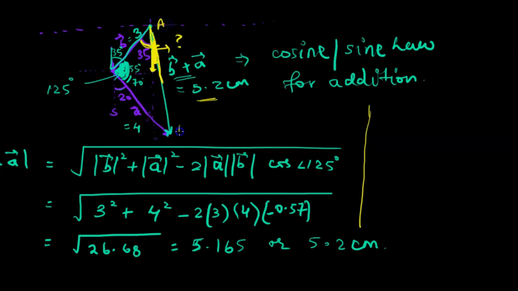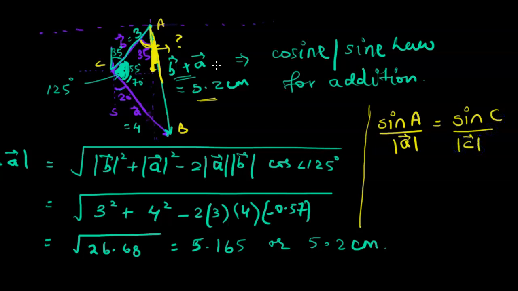If this is triangle ABC, then the sine law would be sine of angle A over side A magnitude, equal to sine of angle C over side C magnitude. So let's call B plus A the C magnitude. Now sine A is what we are looking for. A magnitude is 4.